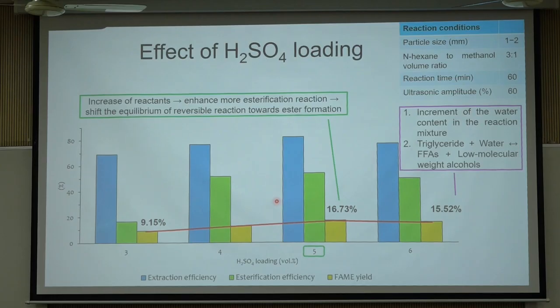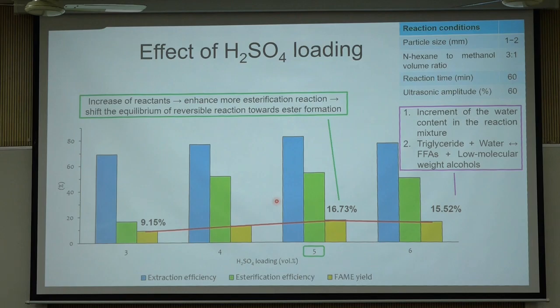After that, we increase the loading. We find that when increasing the loading, the extraction efficiency is almost stagnant already. So we know that the sulfuric acid will not have any effect on the extraction efficiency.